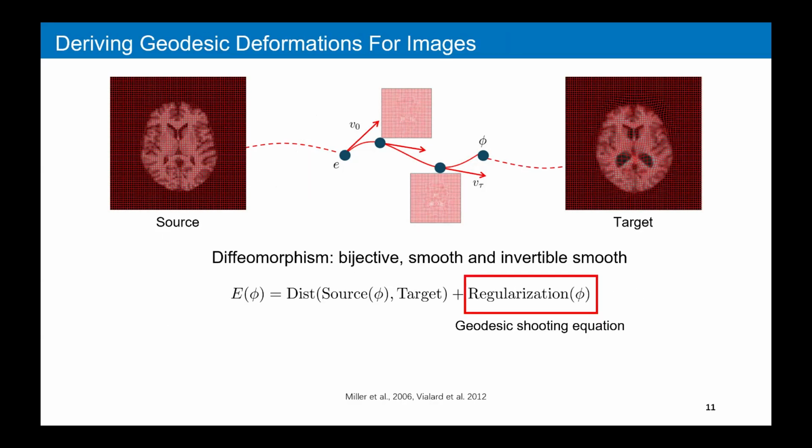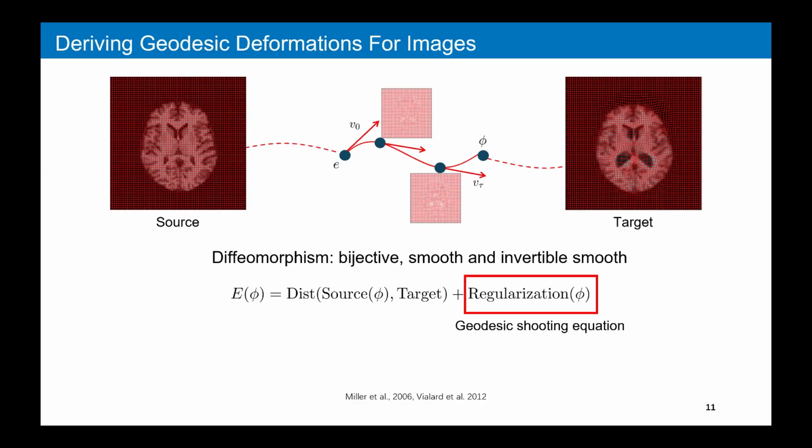Now we have learned how to formulate a geodesic. The next step is to derive the geodesic deformation in the image space. This is done through optimizing an energy function with two terms. The first term is the data matching term, which aligns the source image with the target through the deformation phi.